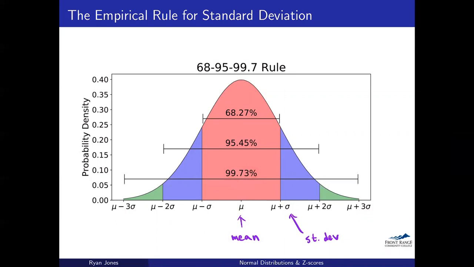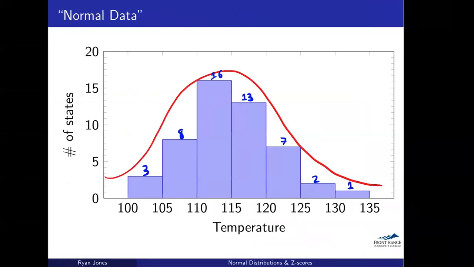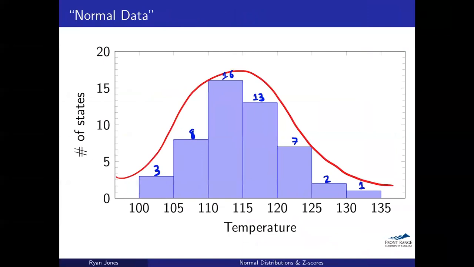And so what we're seeing here is that this normal distribution is basically just a fancy way of counting our histogram. Rather than looking at a histogram like this and saying, all right, let's just count. Okay, we've got 16 here. So let's look to the left of this 16. We've got 1, 2, 3, 4, 5, 6, 7, 8, 9, 10, 11.